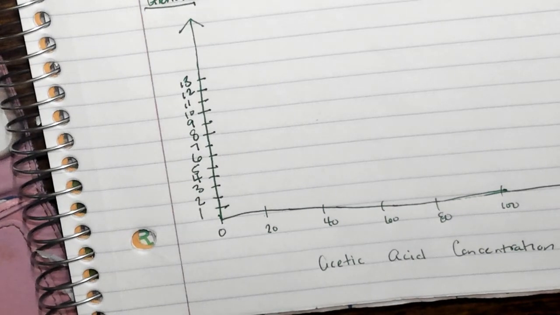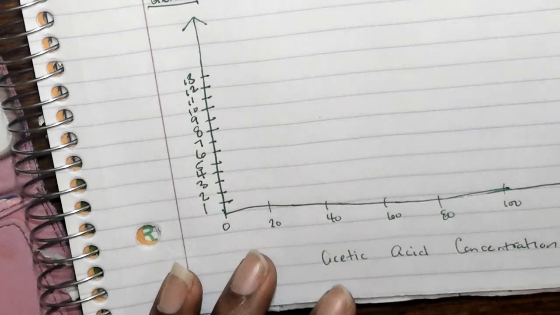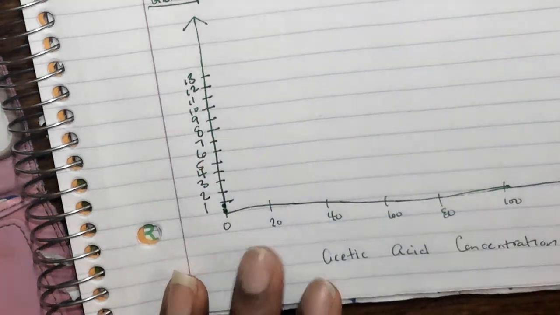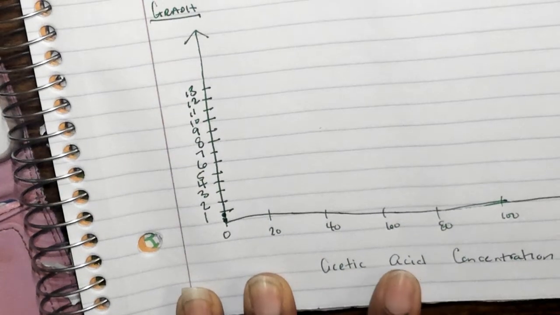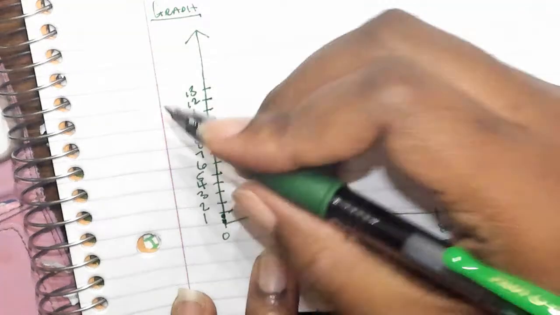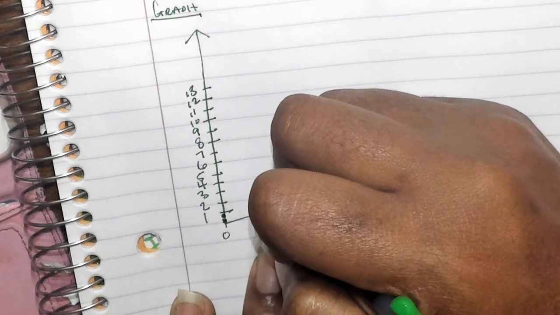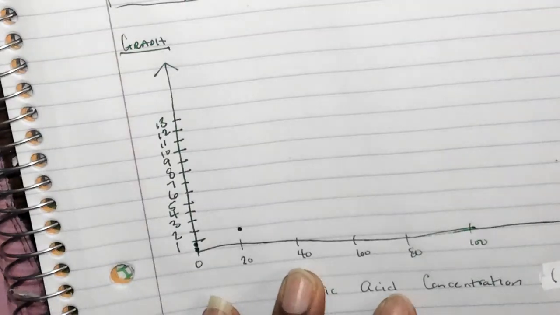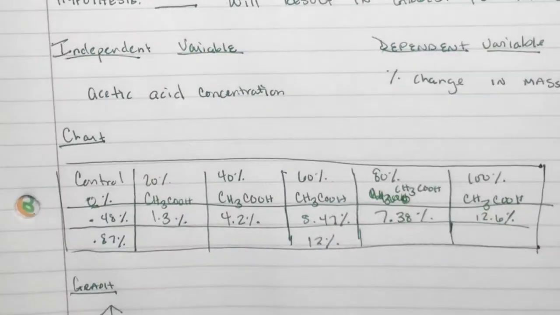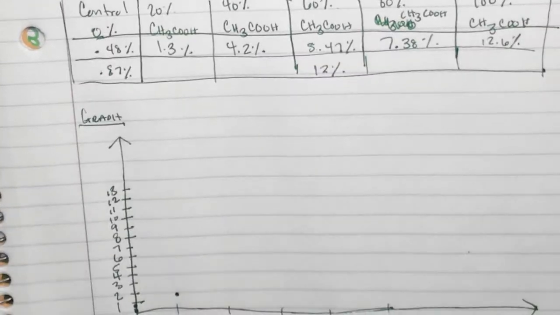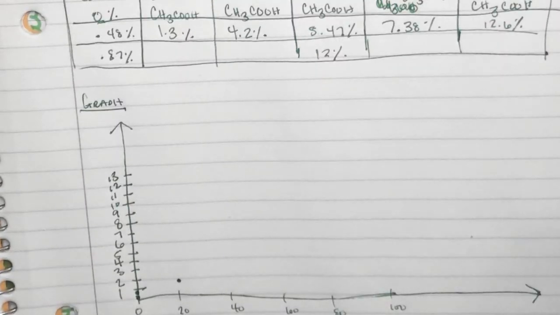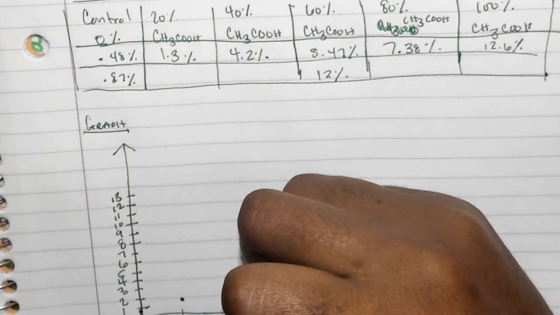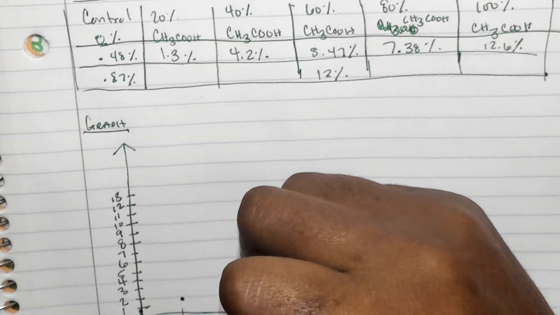All right, so we're going to put some dots. At 0, we're lower than 1, right? We got 2 dots at 0. And then at 20%, 20% was 1.3. We're going to go up to 1.3. And then 40% was 4.2. So about here.